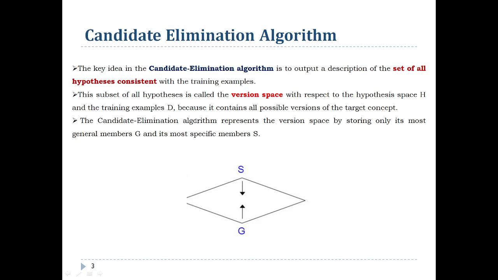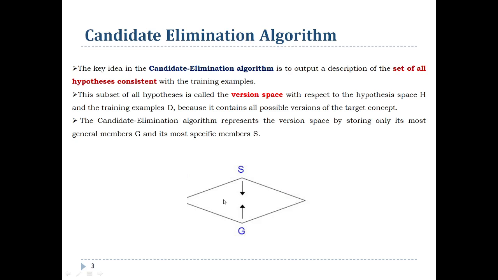The candidate elimination algorithm represents the version space by storing only its most general members G and its most specific members S. So here the version space in this algorithm will move the specific hypothesis more towards the generic form and the general hypothesis more towards the specific form.